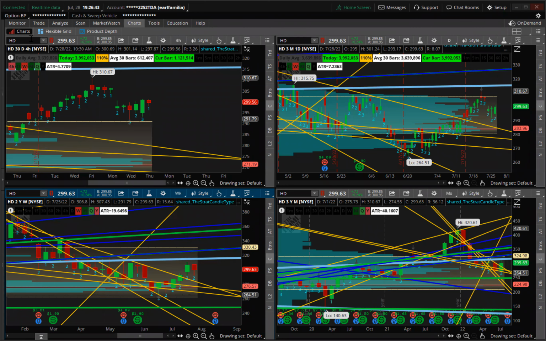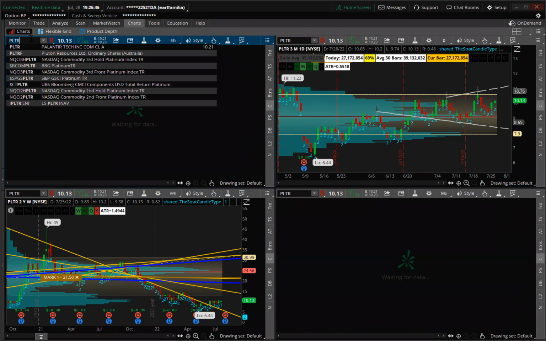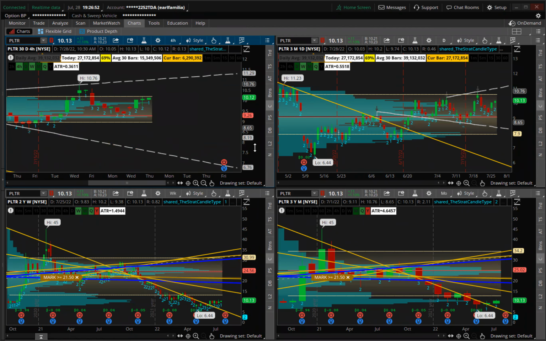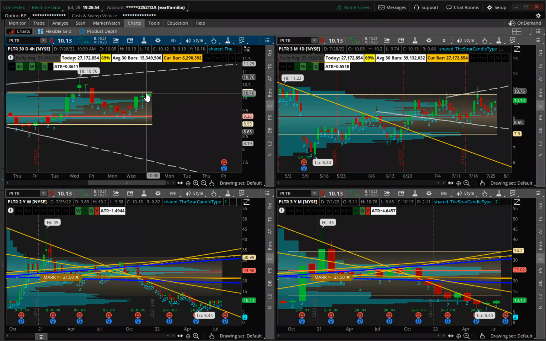Last three, Palantir. Palantir looks strong, looks good. Inside week, 2 up on the day. 4-hour inside hammer 212 above $10.13 would be your entry point.